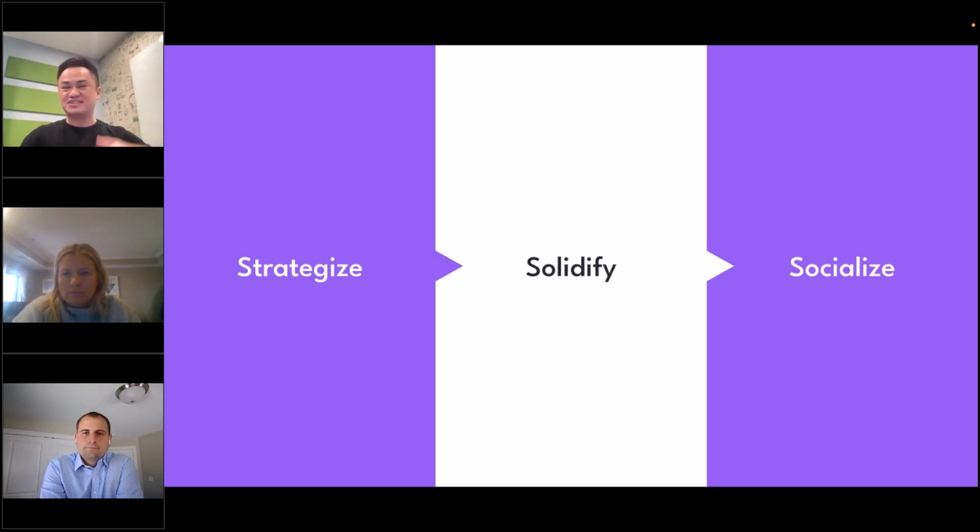So on the left-hand side, strategize. Spend the time to really figure out why someone needs to be the person or the party owning accruals. Once you went through that very objective rationale of who should do accruals, then solidify it. So obviously there's very natural ways to solidify it, i.e. assign the month-end close checklist to that person.